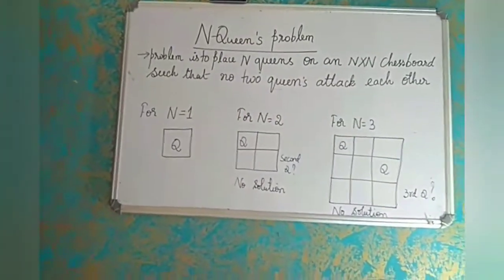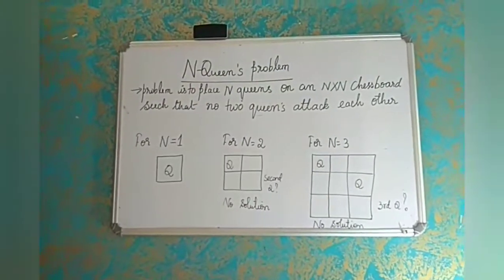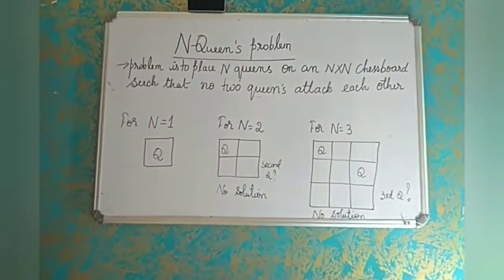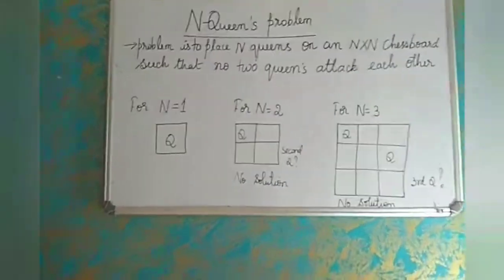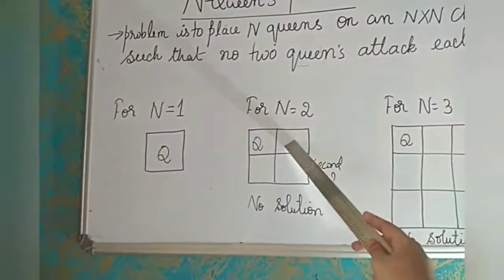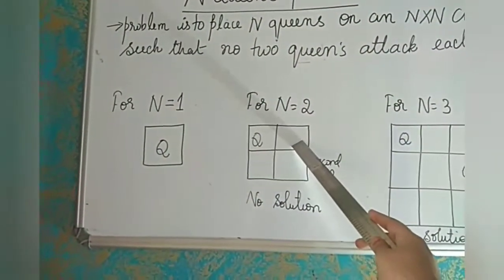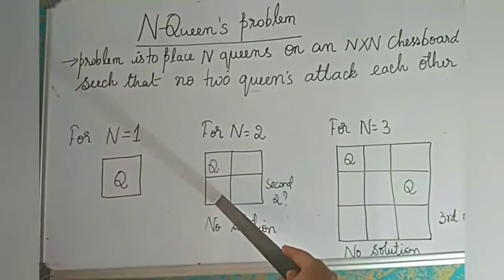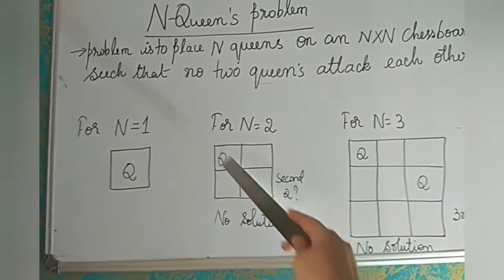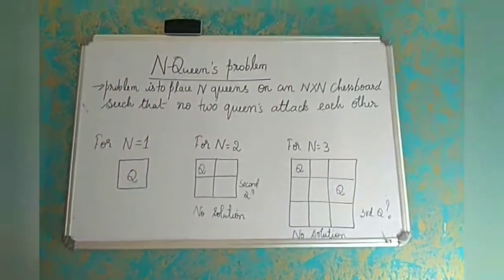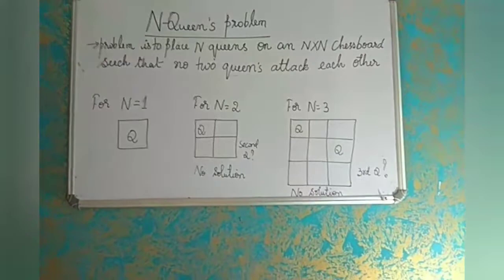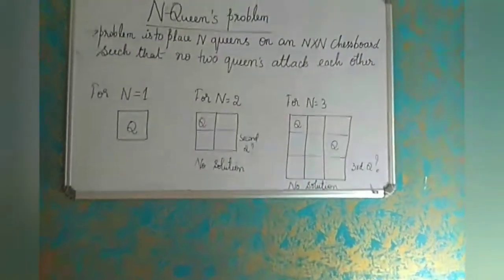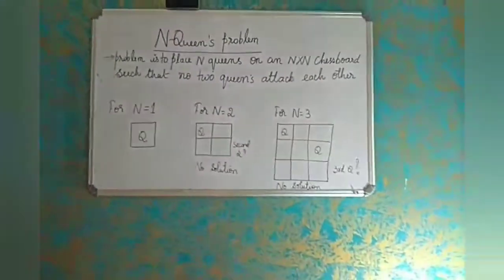One queen I can place in the first row, first column. Now where do you place the second queen? If you place it in this box, they attack each other because it belongs to the same row. You cannot place it over here either, it belongs to the same column. You cannot place it here either, it belongs to the same diagonal. So there is no option to place the second queen. So there is no solution when n is equal to 2.